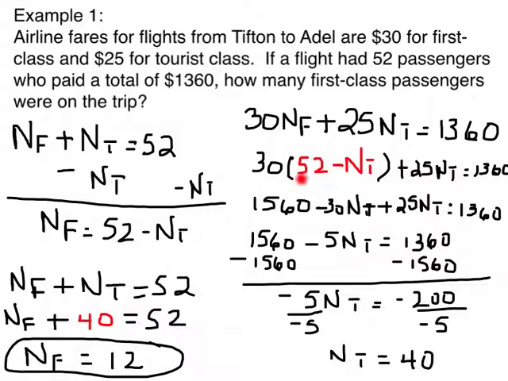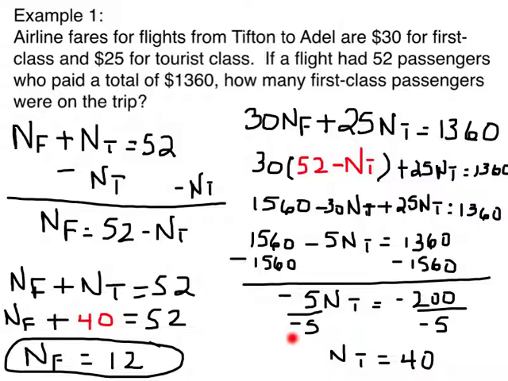And 30 times 52 is 1,560. 30 times negative NT is negative 30 NT. Plus 25 NT equals 1,360. Well, I'm going to combine my like terms. So negative 30 plus 25 gives me negative 5 NT. Now I'm going to subtract my 1,560 on both sides, and I get negative 5 NT equals negative 200.